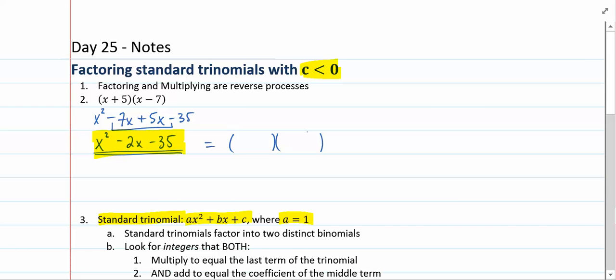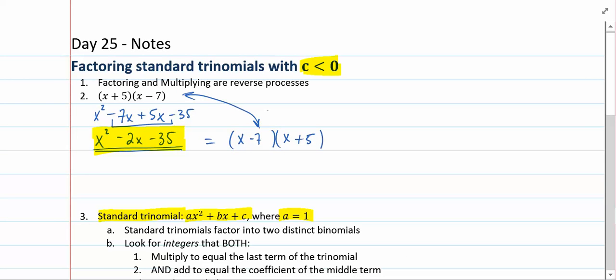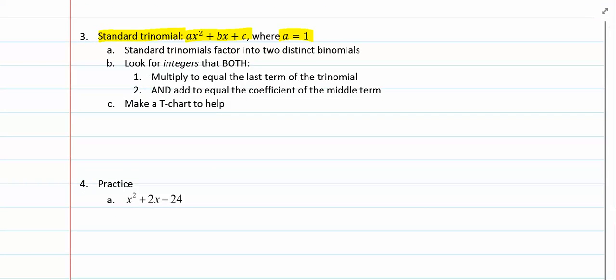So your job as we move forward here is to factor this trinomial into two binomials. And the pair that works in this case would be x minus 7 and x plus 5. Notice I wrote those in reverse order from the original problem, but that's okay. It doesn't matter which order we write our binomial pairs in because multiplication is a commutative process.